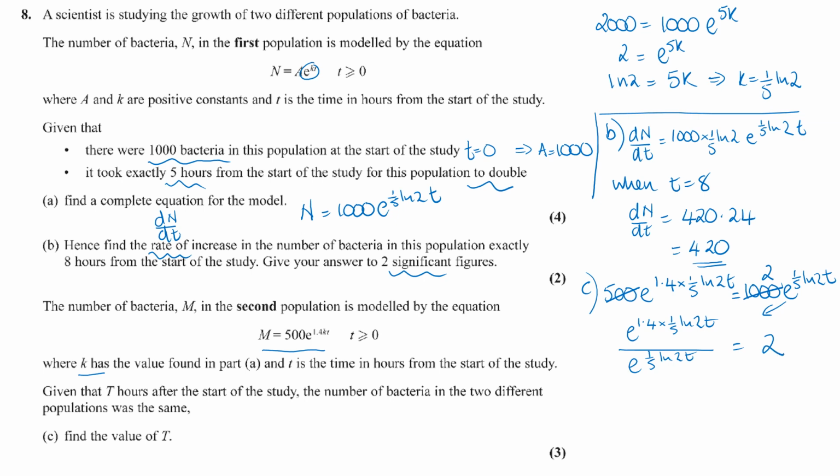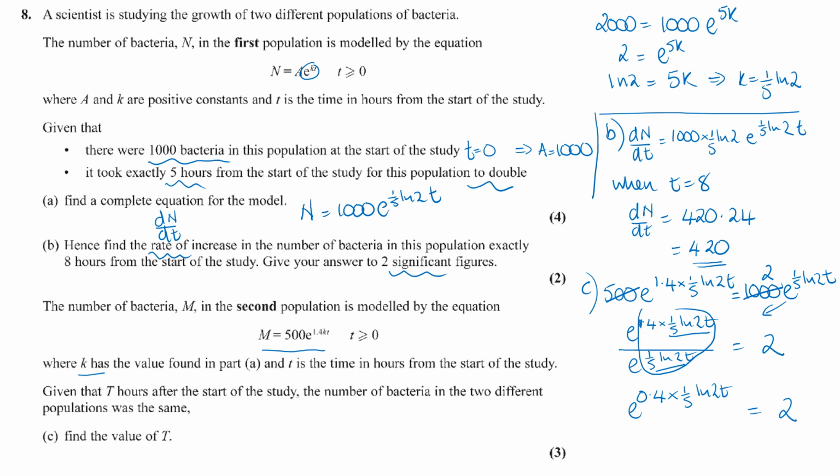Now using our rules of indices, what happens when you've got the number to the same base? You can just take away, and I've got 1.4 times this constant minus just 1 of that constant. So if I've got 1.4 of something and I'm taking a whole one, I'm going to get e to the 0.4 times 1/5 ln of 2 t is equal to 2.